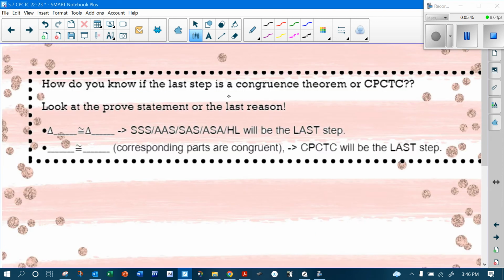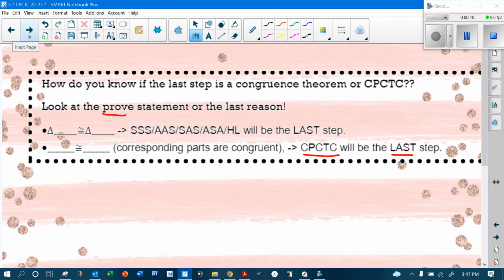Okay, so let's see what else this looks like. How do you know if the last step is going to be a CPCTC? Look at the prove statement or that last reason. If it says triangle is congruent to triangle, you're going to use one of these reasons. If it says a part is congruent to a part, corresponding parts are congruent, then CPCTC will be your last reason.